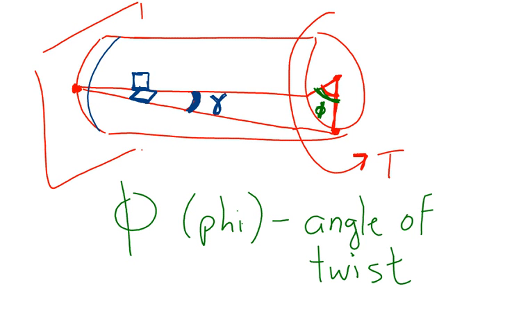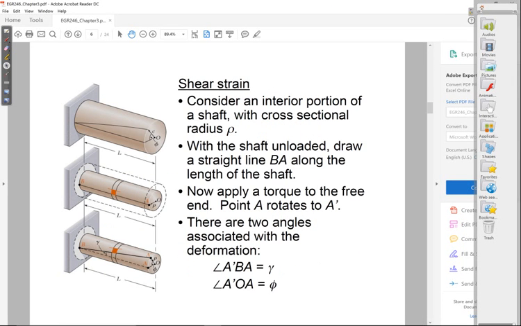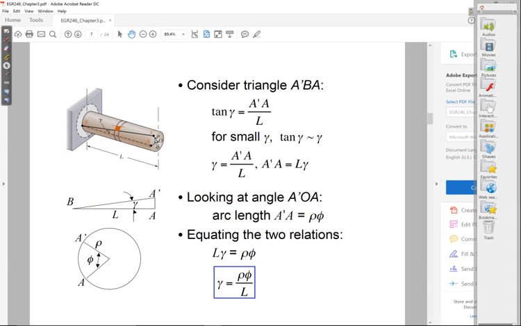Rather than boring you with the details, the derivation is actually really simple. If you take a look at the next slide, it will show you exactly how to come up with the equations.